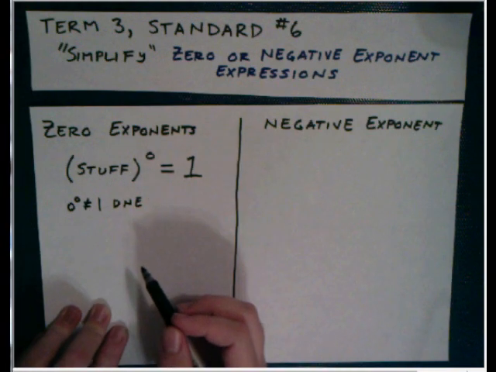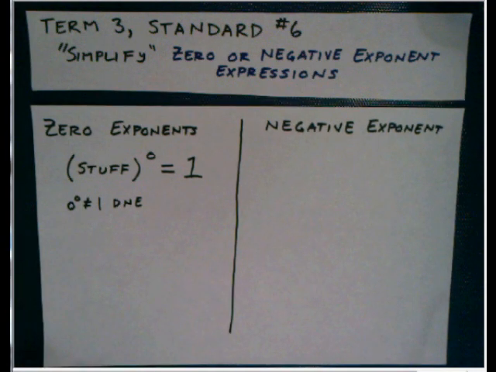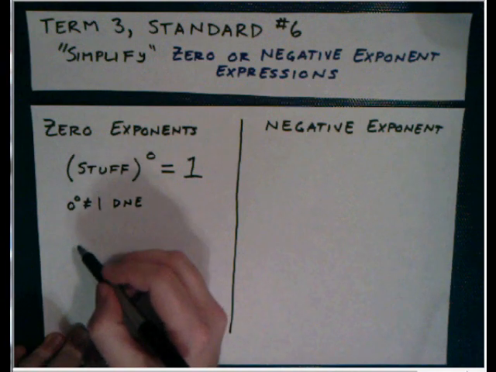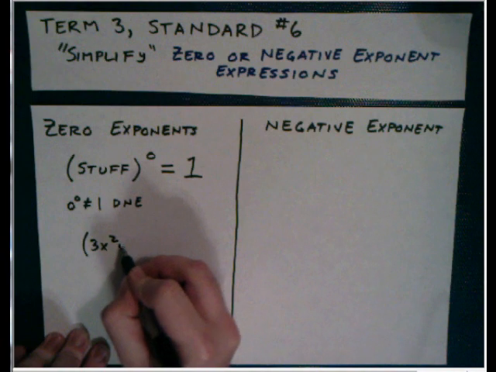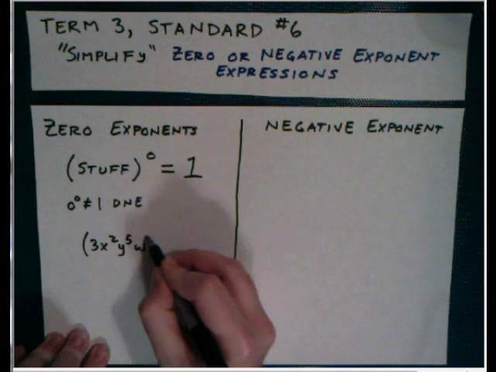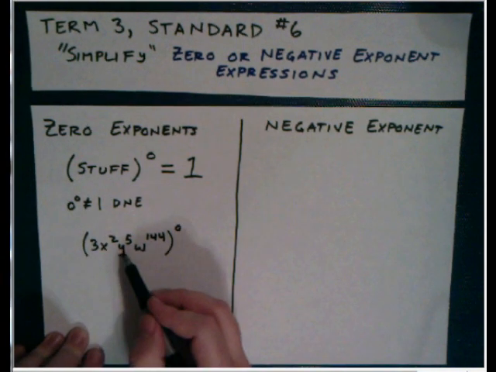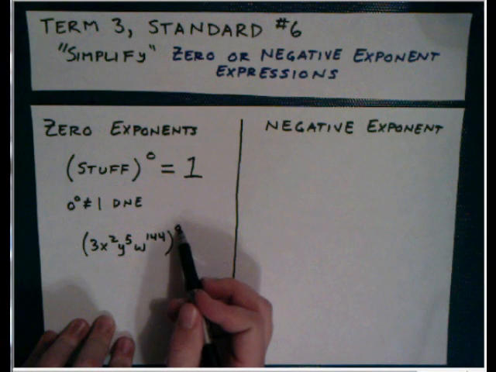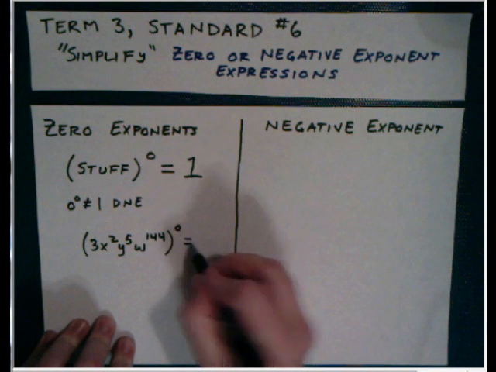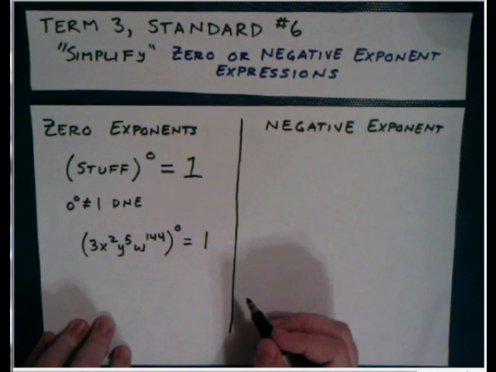But we're not going to do that to you. We're not going to trick you here. We're going to give you something that you can actually use this fact for. So, as I said, I'll do full examples in just a second. But if you got something like 3x squared, y to the 5th, w to the 144th power, just making stuff up, if it's taken to the 0 power, yeah, it's equal to 1.